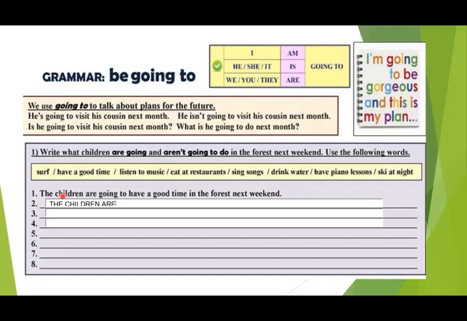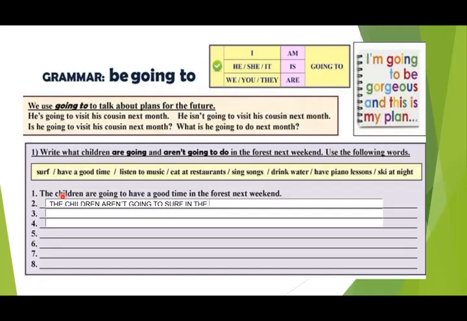Entonces, in this case, it's aren't going to surf, right? The first one is surf. Tenemos surf que tenemos que comenzar con ello. Surf in the forest. Ahora continuamos.